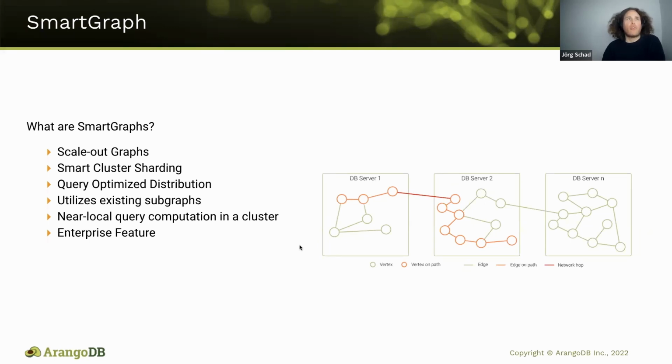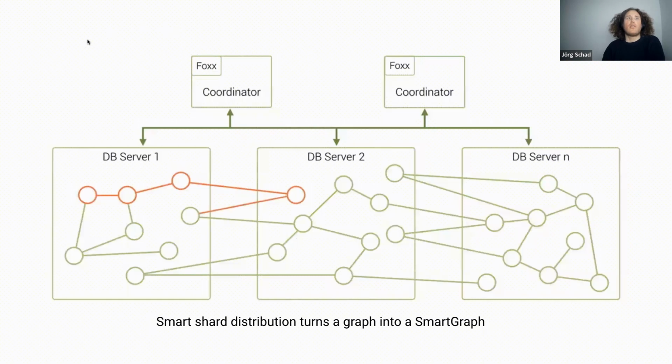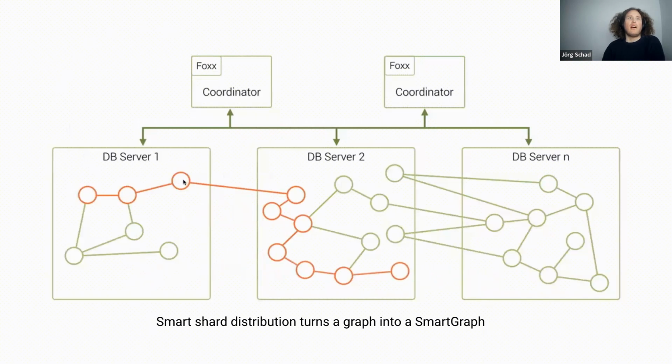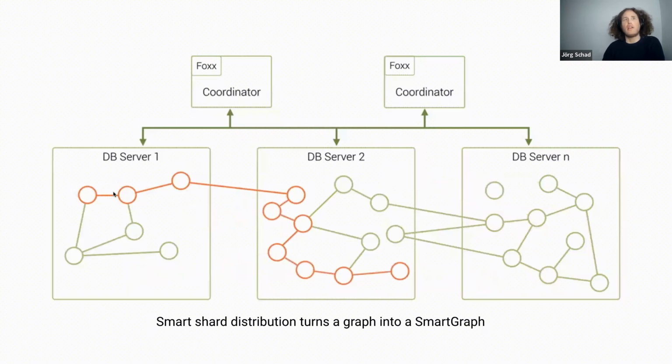Maybe we could call it smart sharding instead of smart graph, but this is basically where we end up. Naively, if we have a naive setup, the data, nodes and edges might be randomly distributed across an entire cluster. Therefore, whenever doing a large scale graph traversal or graph analytics query, we'll end up with a lot of data traffic.